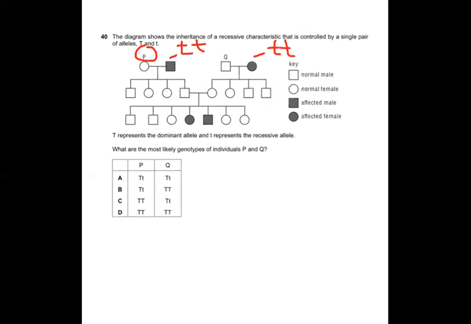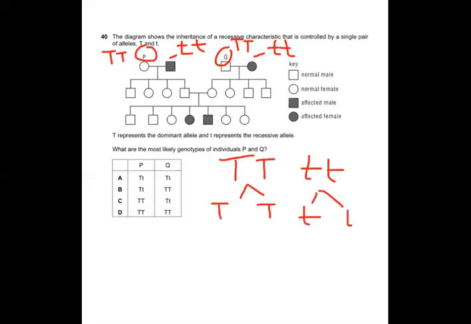While over here, we will suppose that P and Q have the genotype capital T, capital T. Therefore, the gametes that are formed are capital T and small t, while the offspring will be, for the first one, capital T and small t.